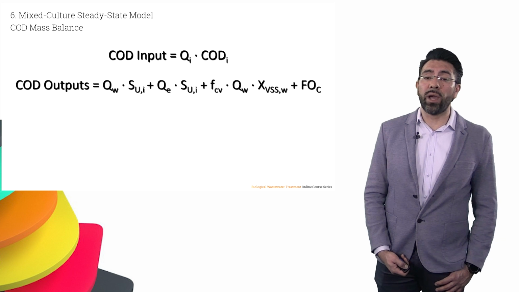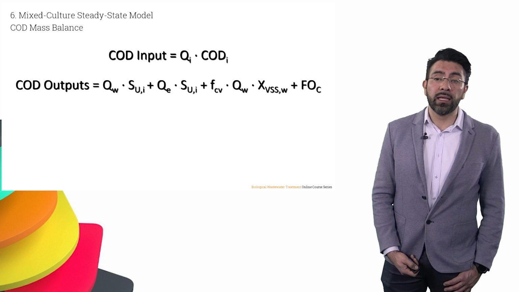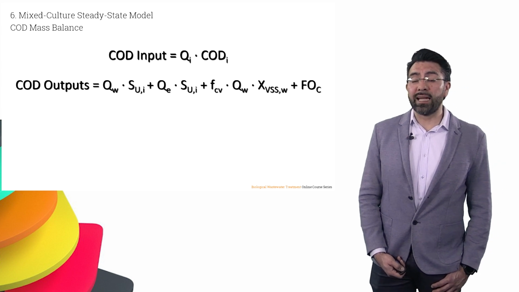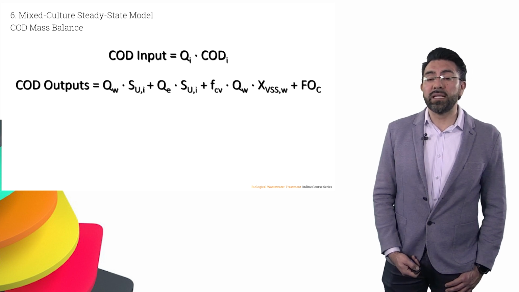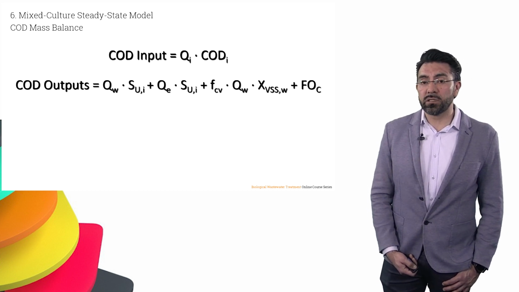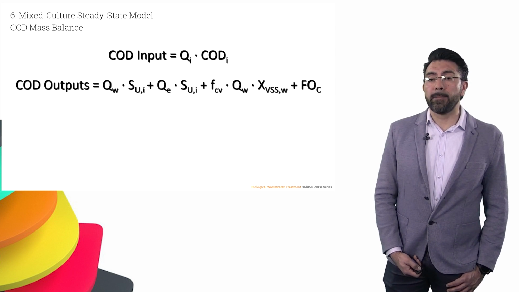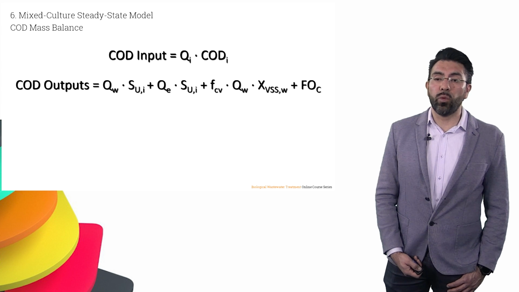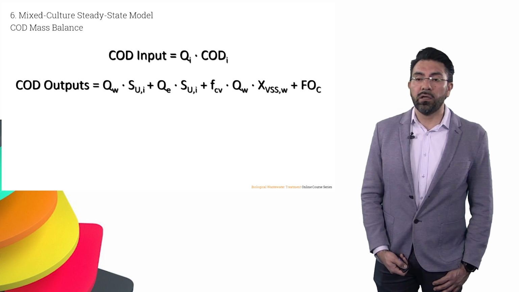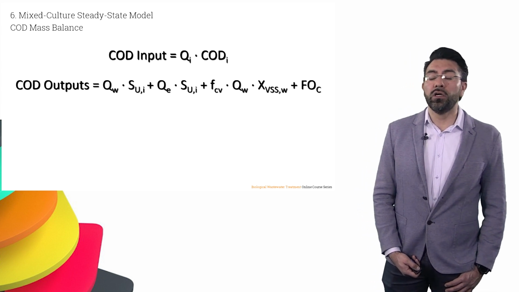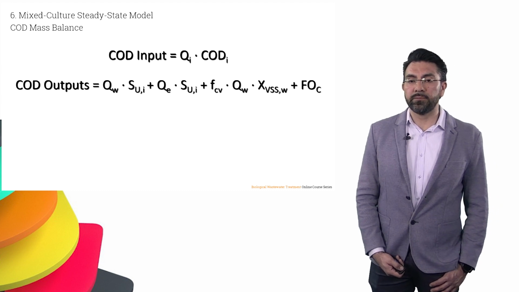So in this case it will be the waste flow times the concentration of soluble unbiodegradable organics in the effluent of the plant, plus the amount of COD present in the waste of activated sludge, taking into account the FCB factor, the flow of the waste sludge, and the concentration of volatile suspended solids in that waste sludge, plus the amount of oxygen that the system needs for the carbonaceous oxygen demand.